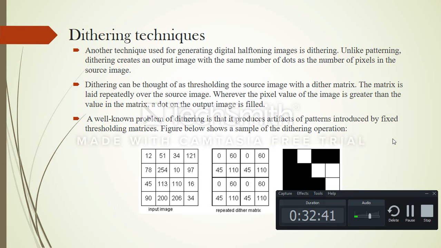The matrix is laid repeatedly over the source image. Whenever the pixel value of the image is greater than the value of the matrix, a dot on the output image is filled. A well-known problem of dithering is that it produces artifacts of patterns introduced by fixed thresholding matrices.